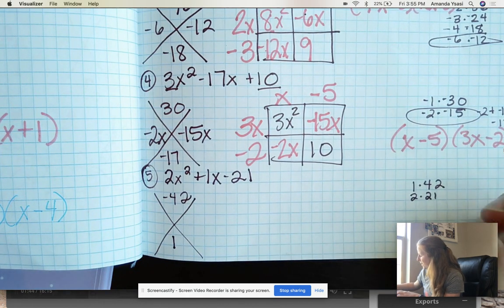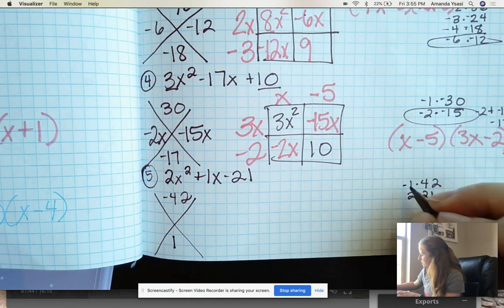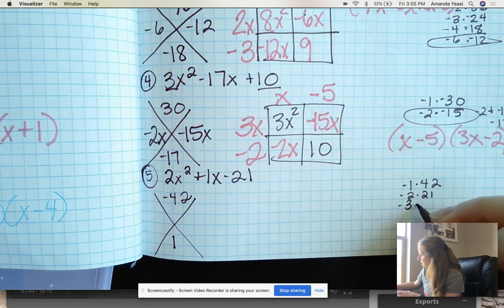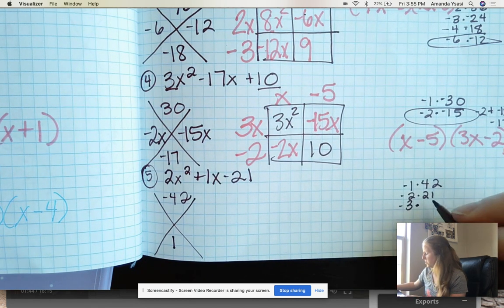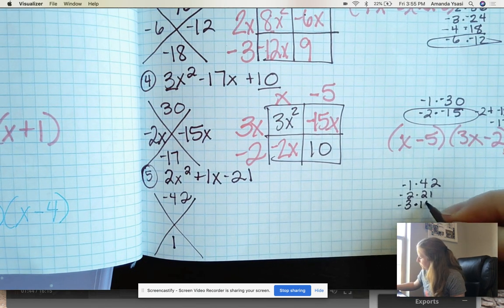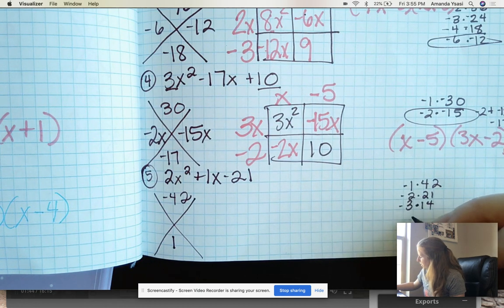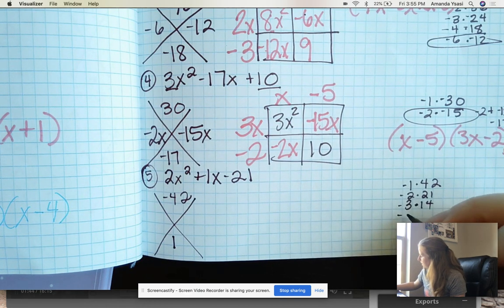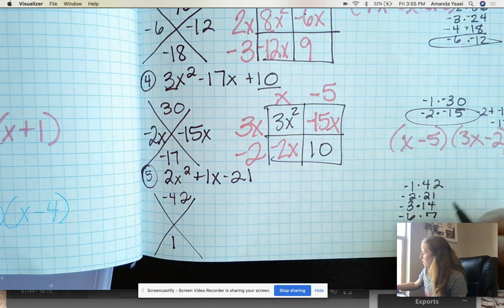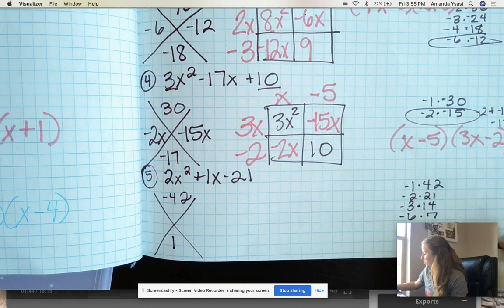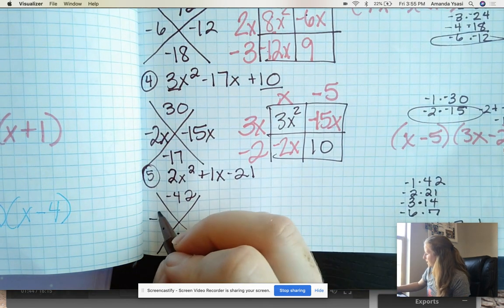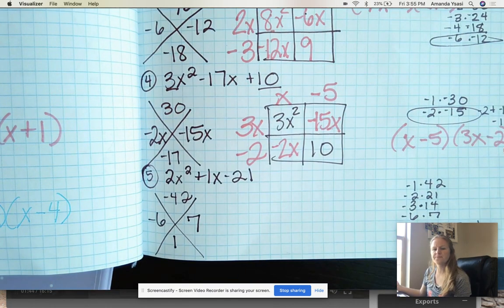And one of them is going to have to be negative. The smaller one is. Negative 3 times 14, I think. 4 will not go in. 5 will not go in. Negative 6 times 7. And negative 6 plus 7 is a positive 1. So it's negative 6 and positive 7.